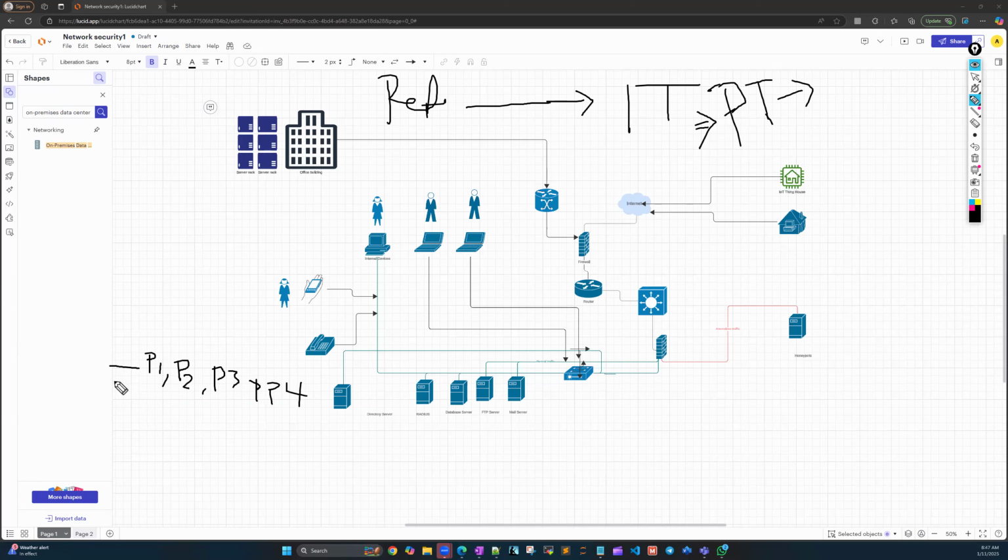If you look at this now, it's a linear progression. Somebody who's very good in IT networking can walk from P1 to P3 tickets.